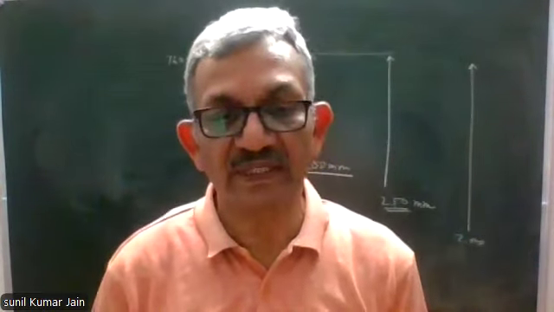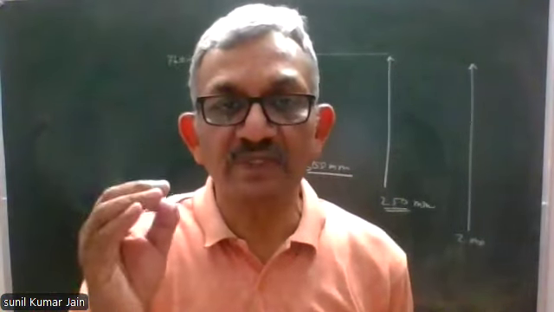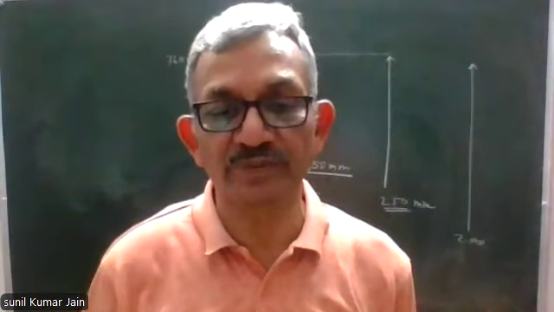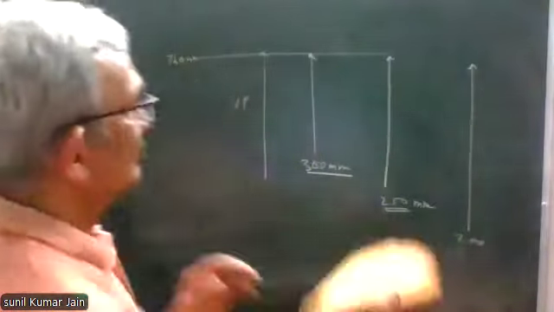At this temperature, when some non-volatile solute is dissolved in water, its vapor pressure falls below 760 millimeters and it stops boiling.